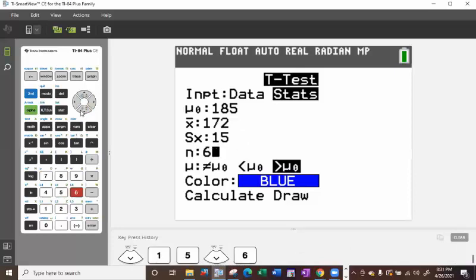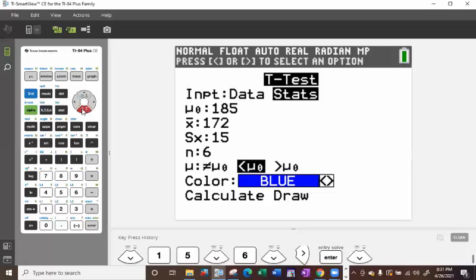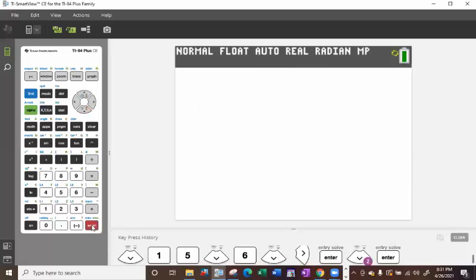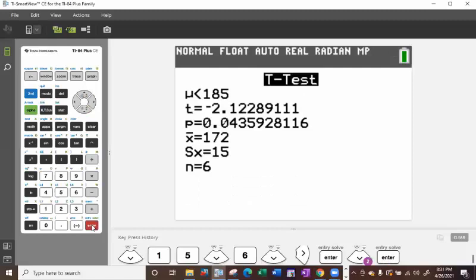And this is a left tail test. So there's your test statistic, so you can get it that way.